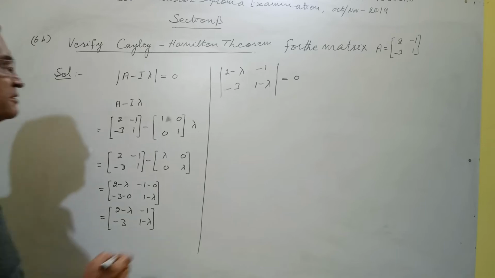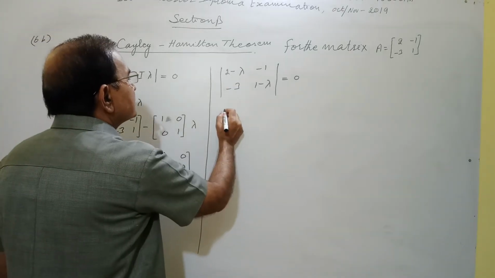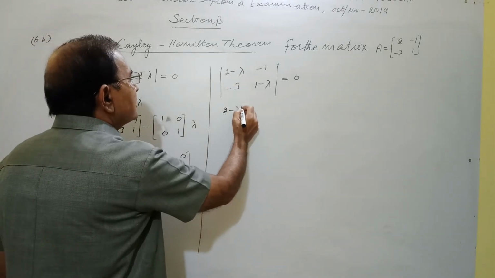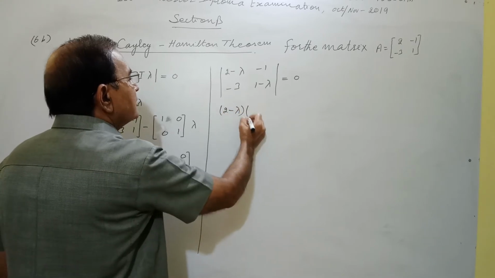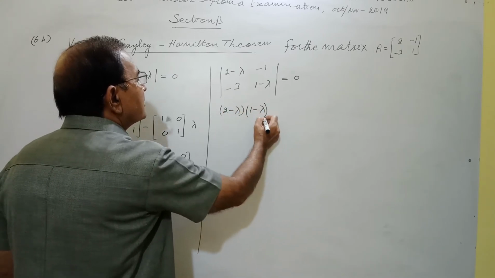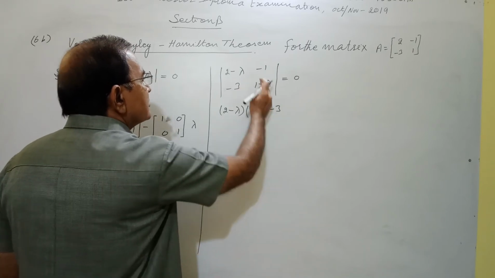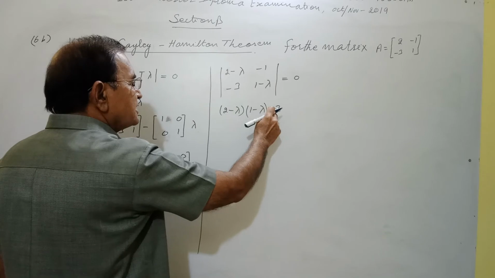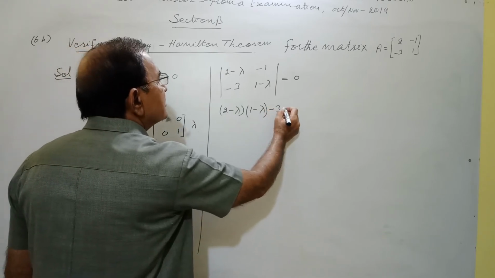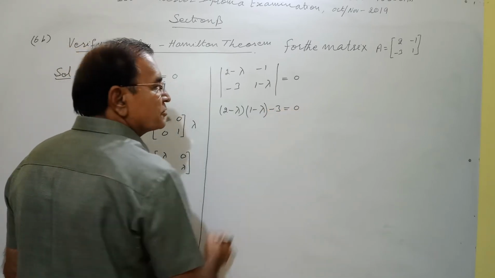Now expand it. We will get 2 minus lambda into 1 minus lambda minus 3. Here it is minus minus plus, change the sign, we will get minus 3 equals 0.